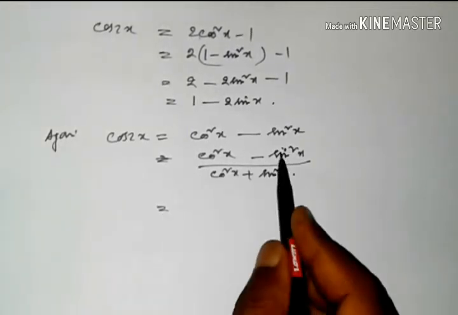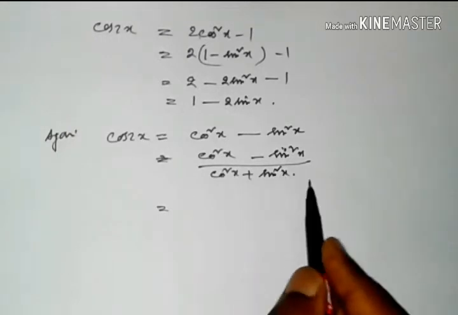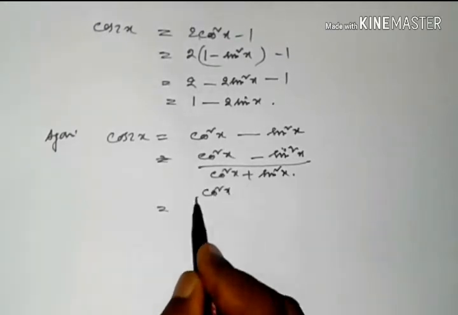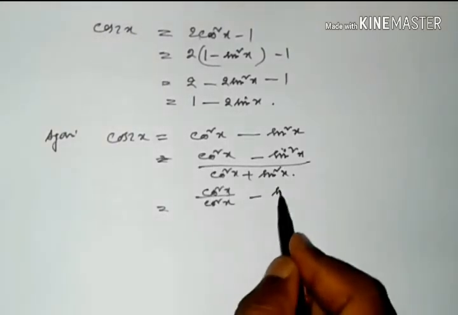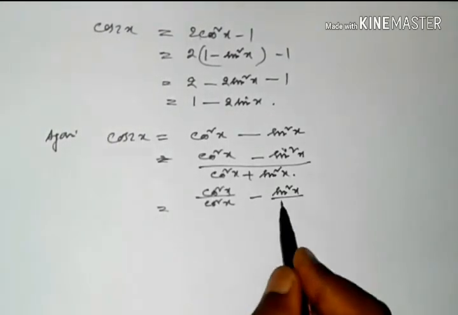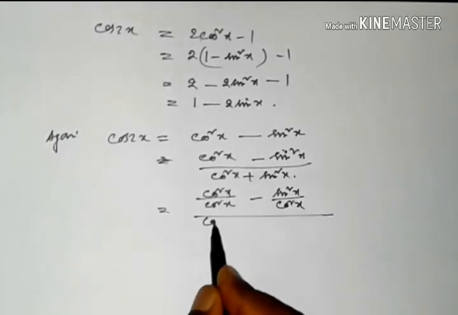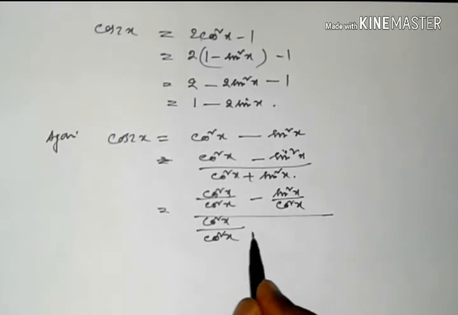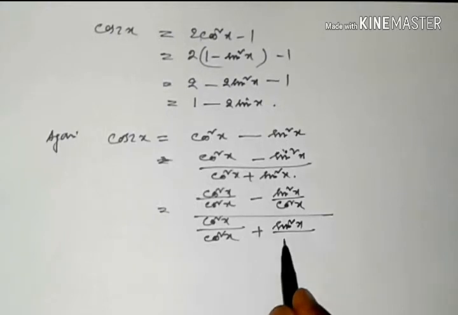Dividing both sides, numerator and denominator, by cos square x. We have cos square x by cos square x, sin square x by cos square x. Cos square x divided by cos square x, sin square x divided by cos square x.